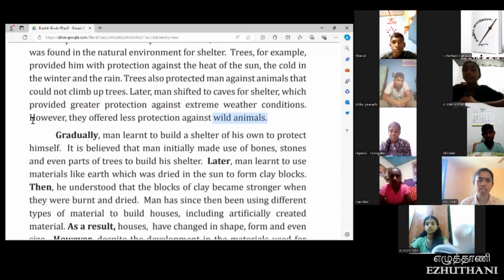One more time. Full sentence. However, they offered less protection. Offered, yes. Offered less protection against wild animals. Good.